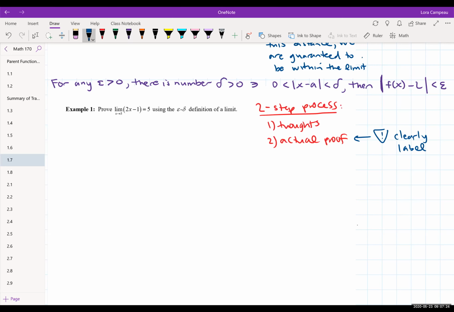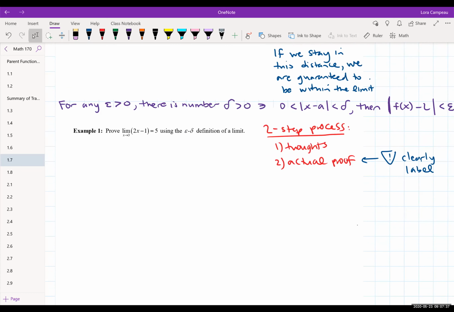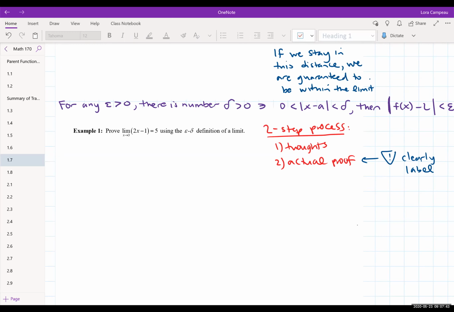So what we want to try at this point, I'll look at this way. Now for any epsilon greater than 0, so we're going to start off with the hypothesis of this statement. Okay, so there's a few parts going on.